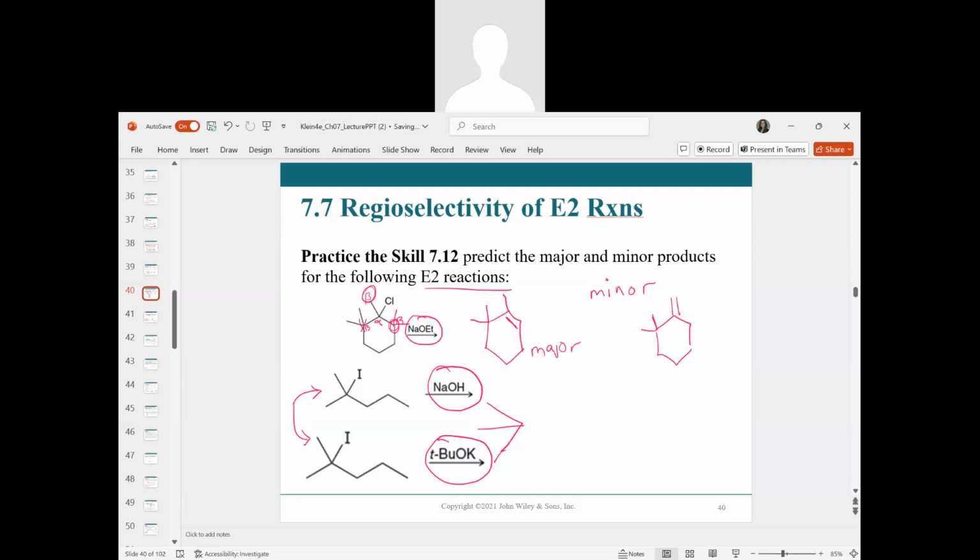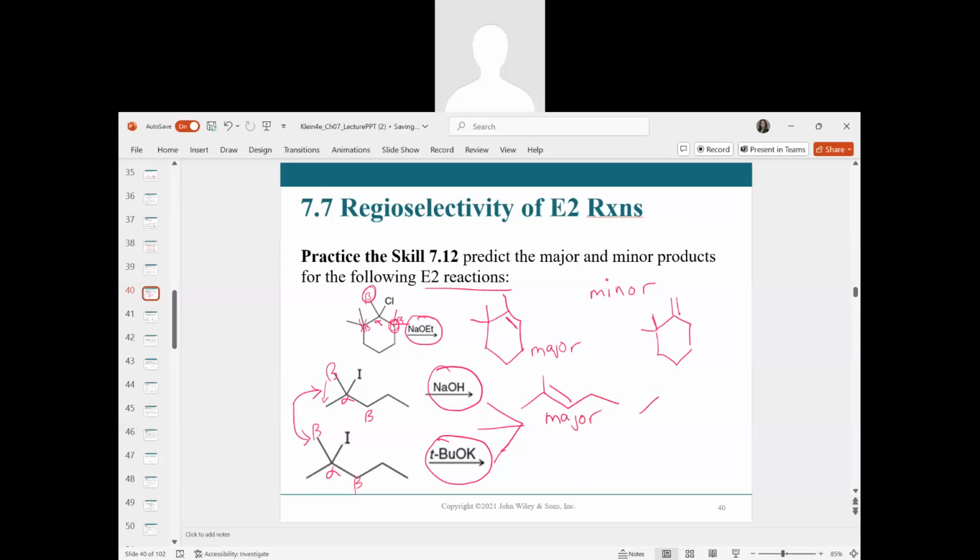So again, we'll identify our alpha carbon, and then we have these two equivalent beta carbons over here, and then another one here. So again, we have our two beta carbons and then the beta hydrogens that we can remove. So with a non-sterically hindered base, we should see that the more highly substituted Zaitsev product would be our major product.